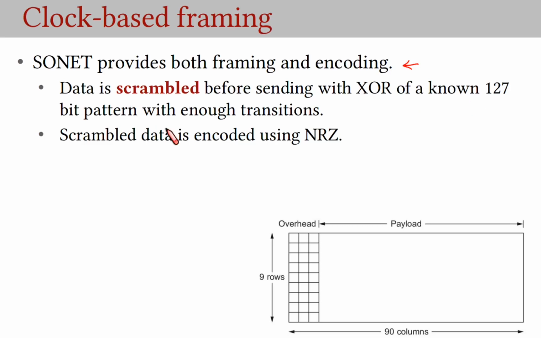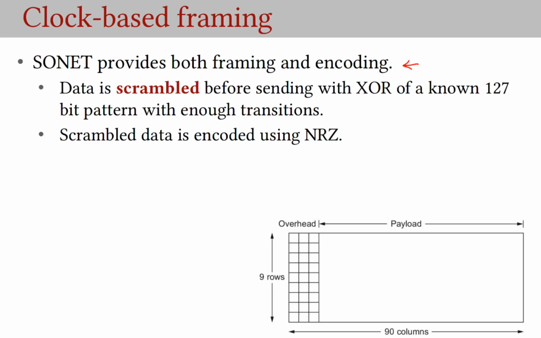And this bit pattern has enough transitions. This is done because this scrambled data is encoded using NRZ. Now remember, NRZ suffers from baseline wander and clock recovery. And the purpose of this scrambling is to fix both of these problems.